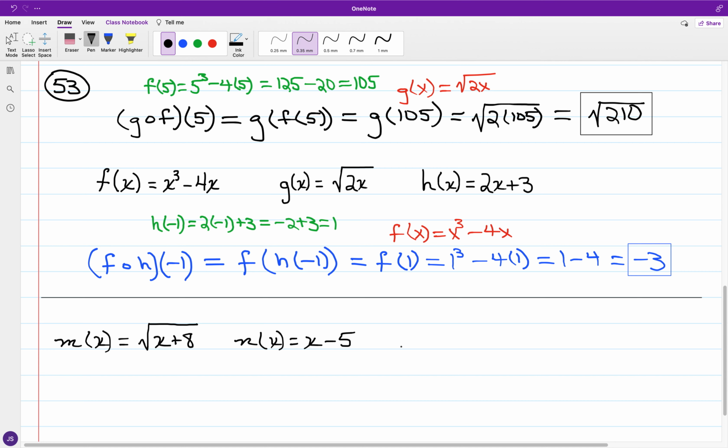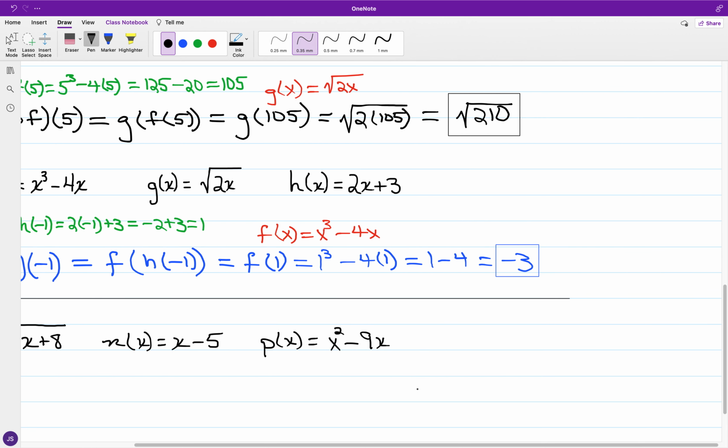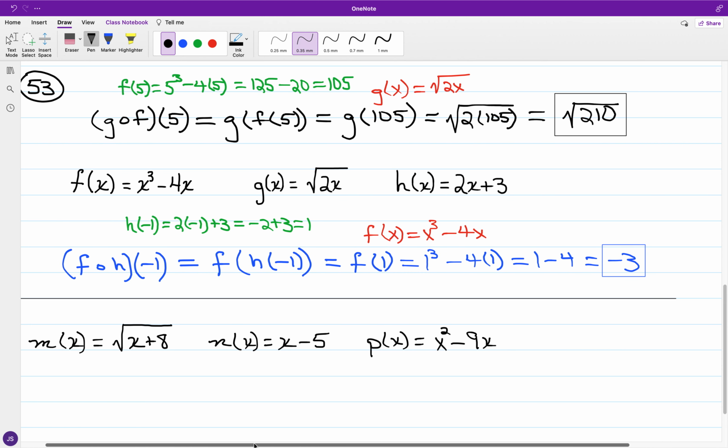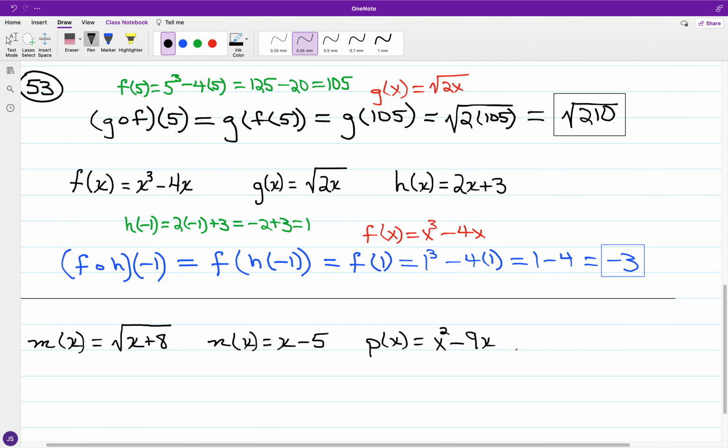We have p of x set equal to x squared minus 9x, and finally q of x is given as the reciprocal of x minus 10.